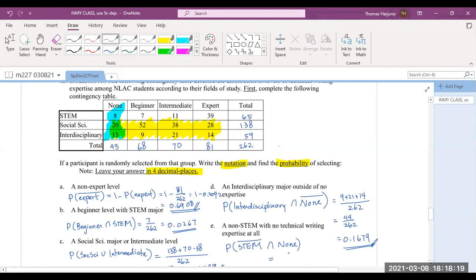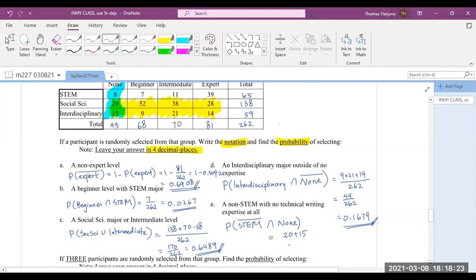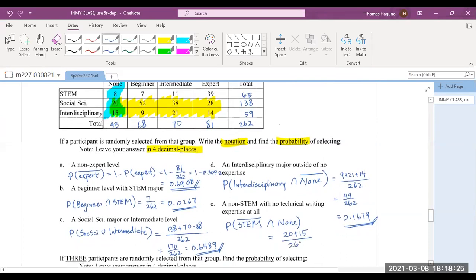So that would be 20 plus 15, over 262, that's 35 over 262. That's 0.13358, so that's 6, if we round it to 4 decimal places.